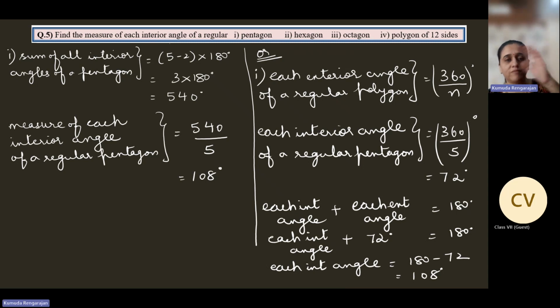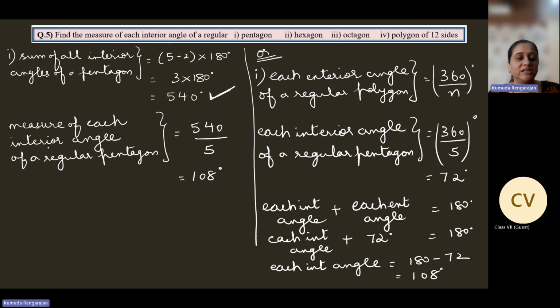So first we'll find the sum of all the angles. We have to find the measure of each angle. Okay, first we'll find the sum of all the angles. It's 540. Whether it is a regular pentagon or just a pentagon, this is the formula to find the sum of all the angles. So any pentagon, regular or irregular, the sum of all the 5 interior angles will be 540 degrees. Now it's given it's a regular pentagon, right?